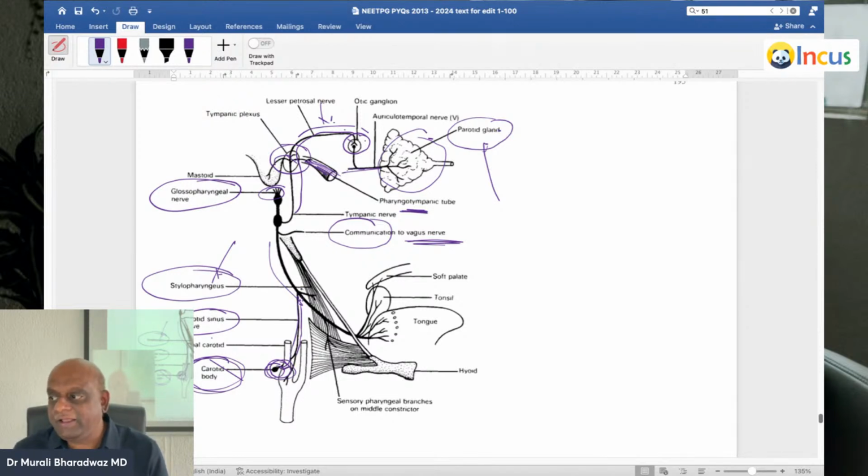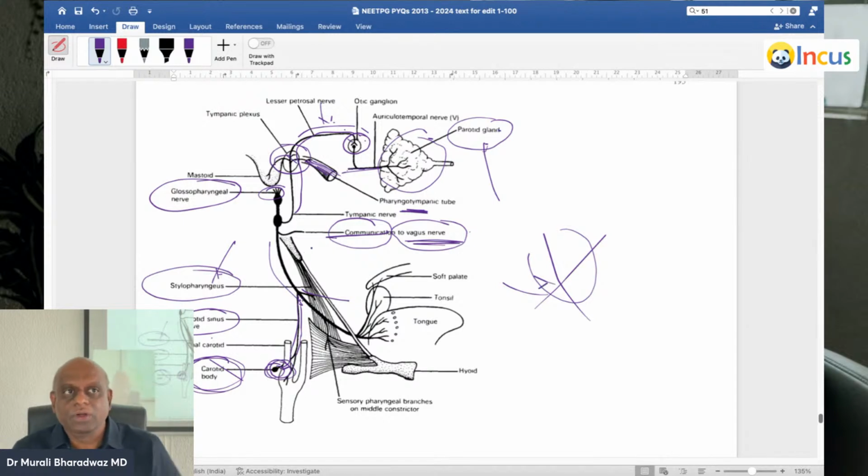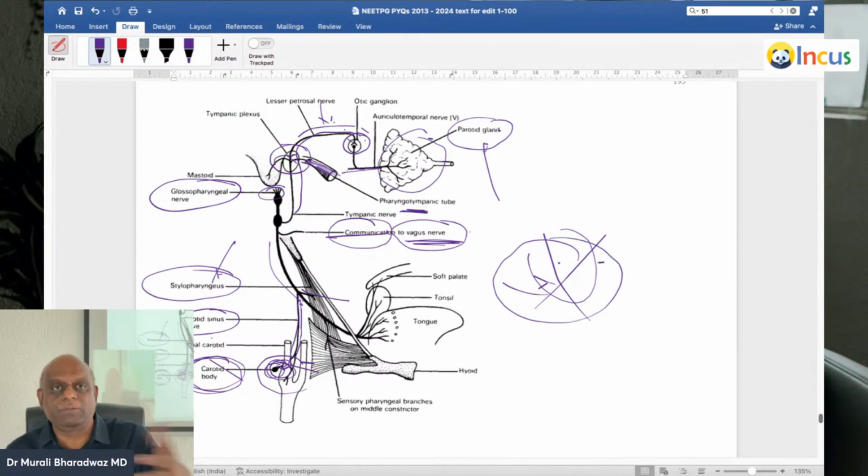Glossopharyngeal. And in turn the efferent will pass through the communicating branch to vagus, which supplies the heart. So that's how our blood pressure is sensed in the carotid sinus, and accordingly the heart will respond back. So afferent is glossopharyngeal, efferent is vagus in this pathway.